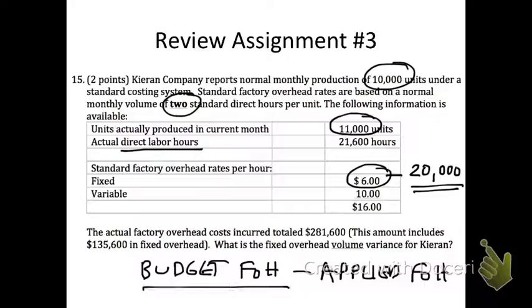So our budgeted fixed overhead, we're going to determine that based on the rate that we determined and the number of hours that we actually budgeted. Our applied fixed overhead is going to be based on our fixed overhead rate and how many standard hours allowed we had for our actual production.